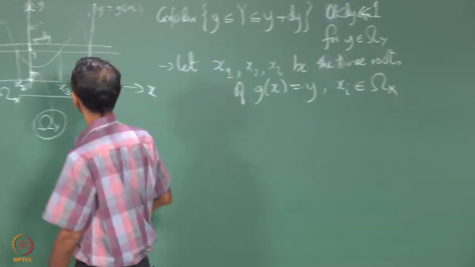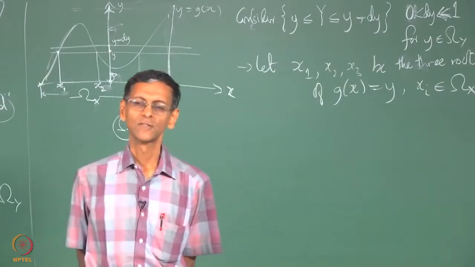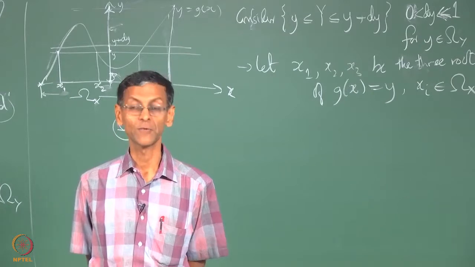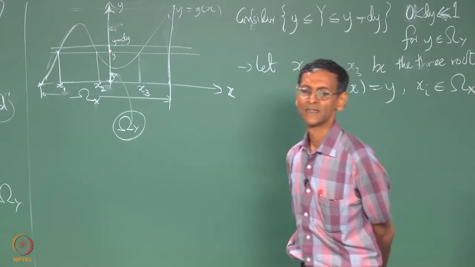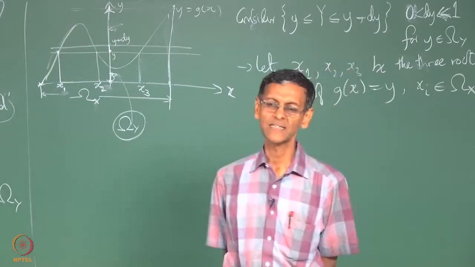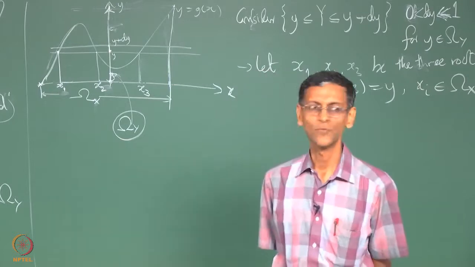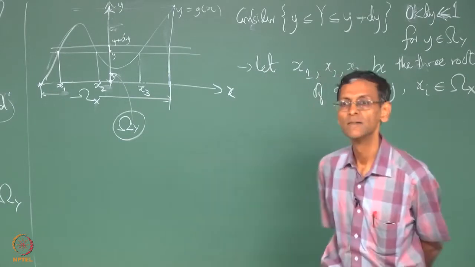So now what variation should x have so that capital Y is between small y and y plus dy? The variations in x can be written as a union of disjoint, mutually exclusive events, which are what?